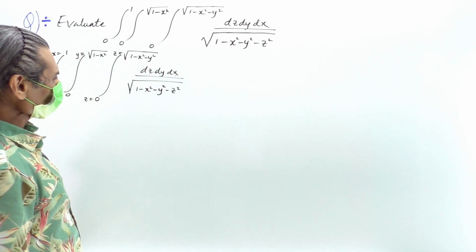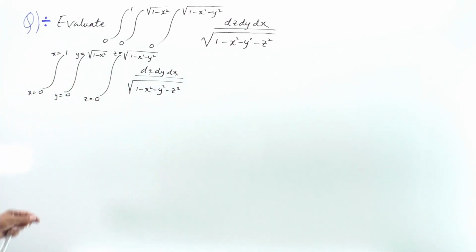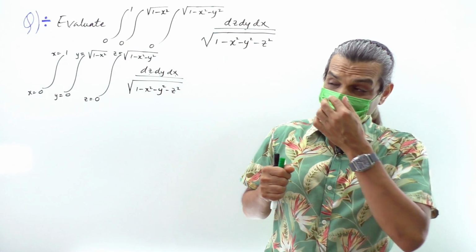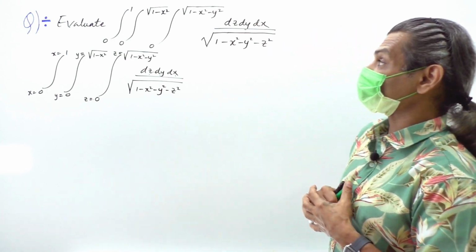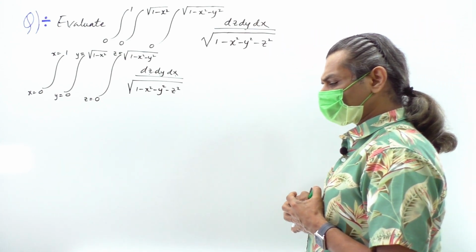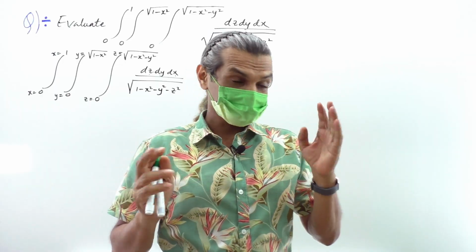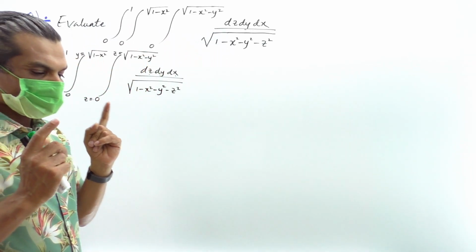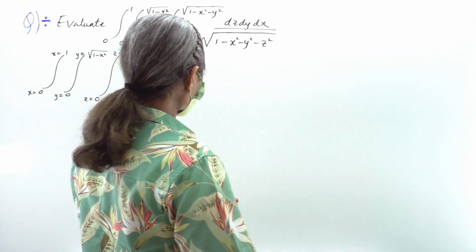Now let's solve this. It looks a little complicated, but it's easy. If you have watched the previous videos on evaluation of triple integrals, I have given all the important formulas required. That video is very important for you to understand the basics properly, so please go watch it.